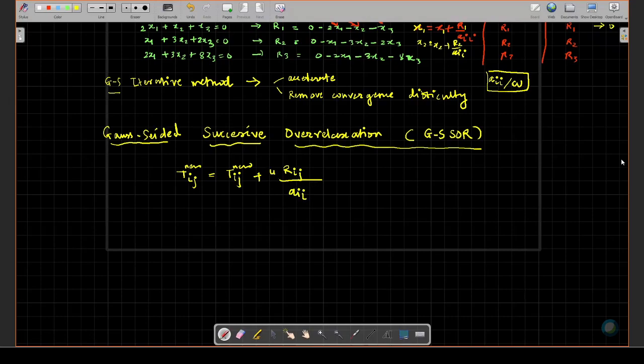So omega can go here. So this is just a simple change. Your algorithm remains the same. Only you have this multiplying factor with your residual in order to control these two things, acceleration or removing the convergence difficulty. Okay. This is the format used in the Gauss-Seidel successive over relaxation method.